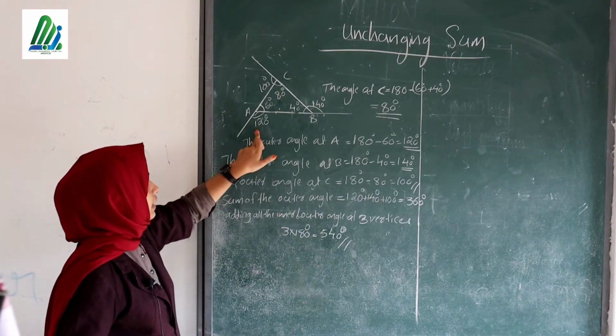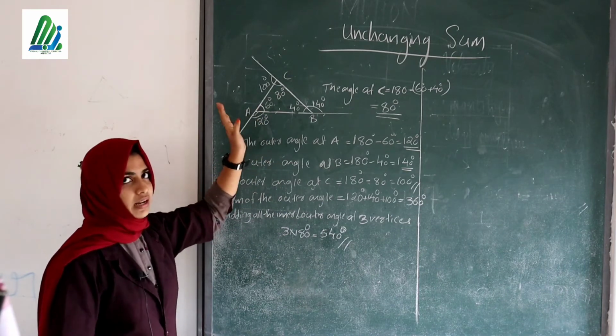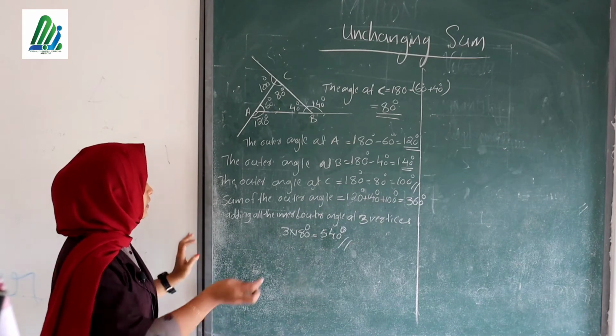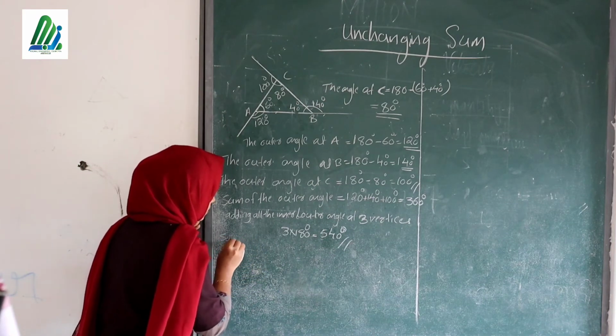So when we add the inner and outer angles together, we get 3 into 180, 540 degrees.